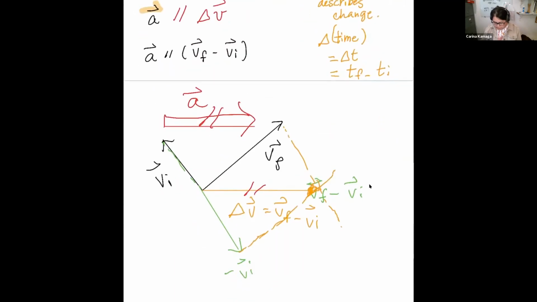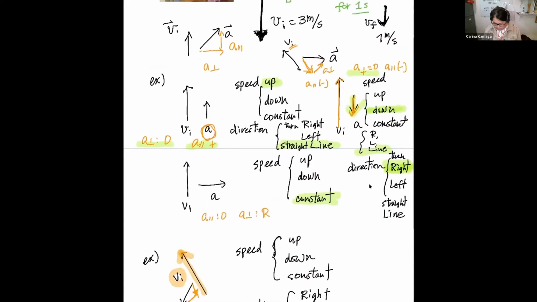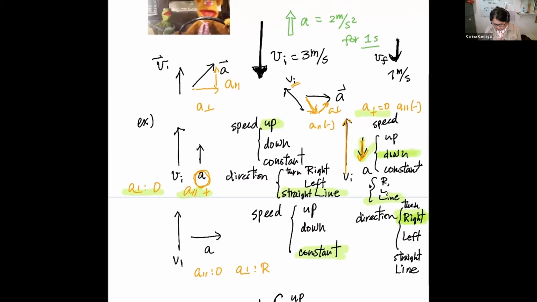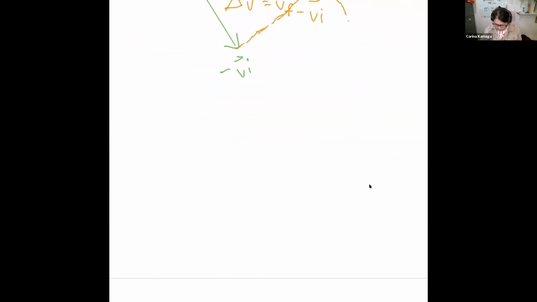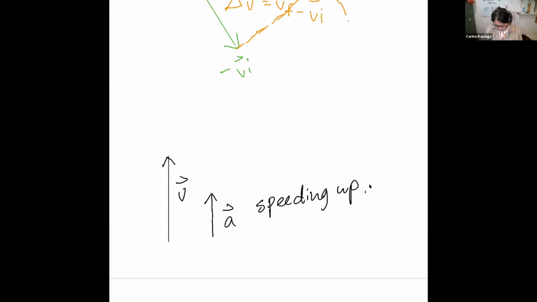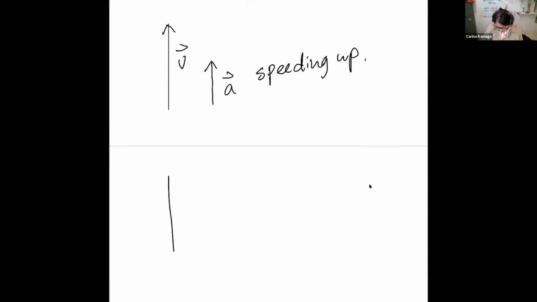All right, so something like that is going to be the acceleration, but please try to be able to do this, right? Again, to speed up: if you have an initial velocity this way and acceleration in this way, speeding up. Initial velocity in this way, acceleration in this way, slowing down.